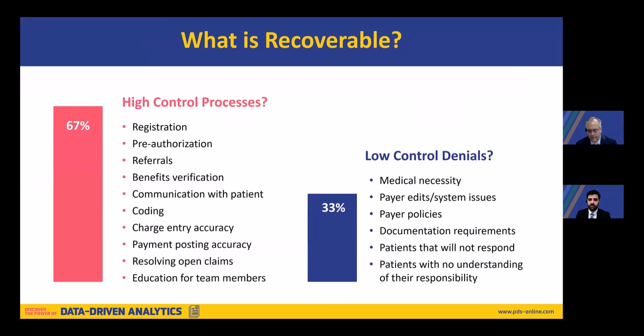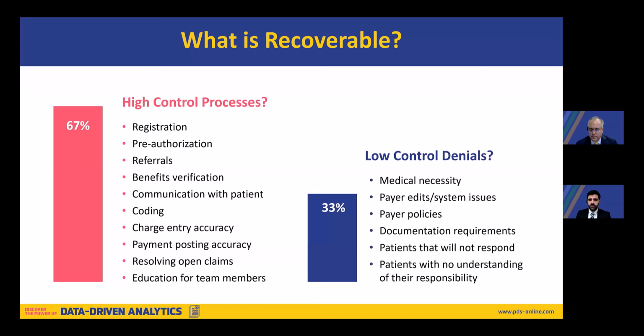It's easier to recover denials that are occurring, and we're usually more successful collecting on them when they do occur, right? Another point I want to make is that we can use data to identify these areas. And by doing so, it's easier to put processes in place to prevent them from occurring again in the future, right? So some of these high control areas include things like registration, pre-authorization, referrals, coding, and more.